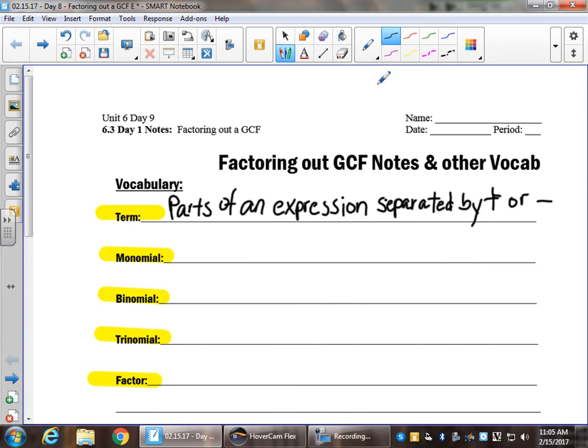Have you guys ever heard of a monomial? What do you think it is? An expression with one term.